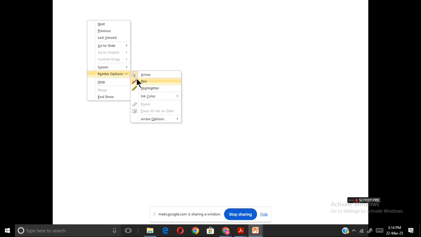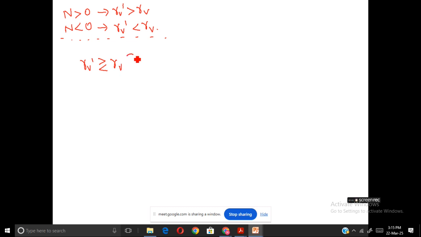So to summarize, based on the lapse rate, two cases we saw. First one was n greater than 0. Second one was n less than 0. When n was greater than 0, it meant gamma v dash is greater than gamma v, and when n was less than 0, it was seen that gamma v dash is less than gamma v. So gamma v dash can either be greater than or less than gamma v.